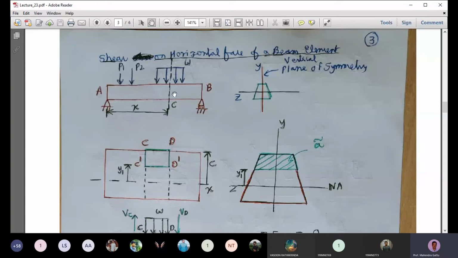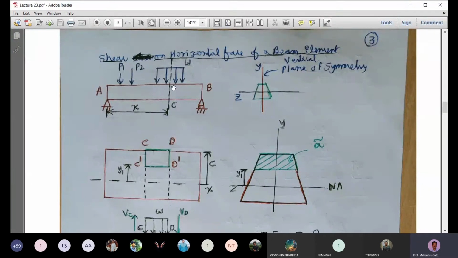Now, at a distance x, we cut a small cross section, and at a small distance x plus del x, we cut another cross section. So we have two vertical cross sections, and at a distance y above the neutral axis, we cut a horizontal cross section, giving a horizontal plane.